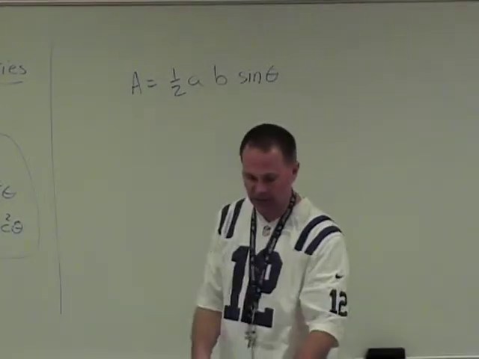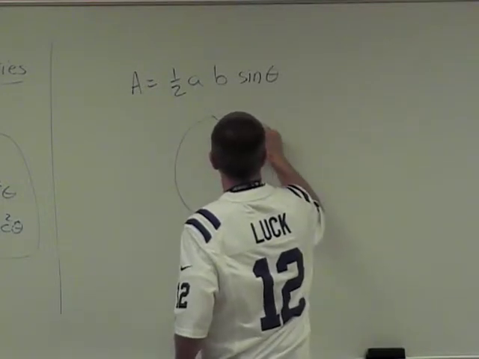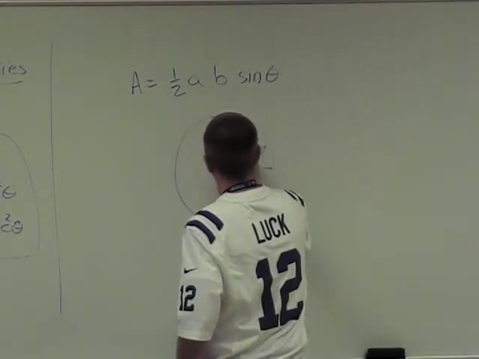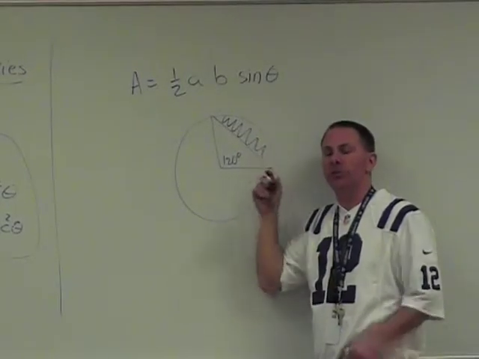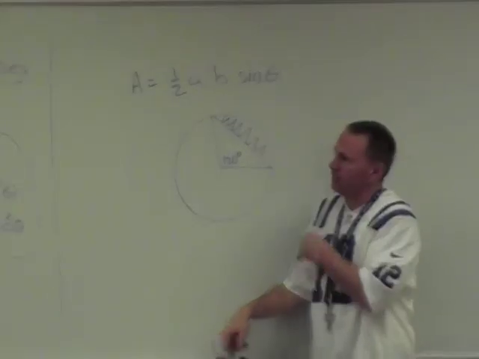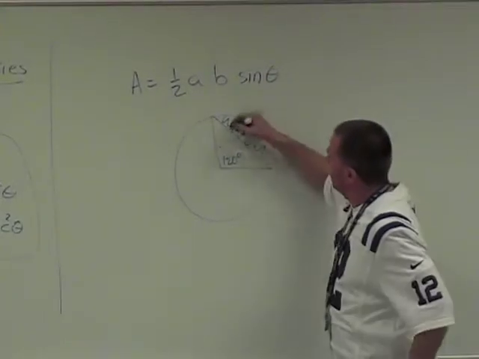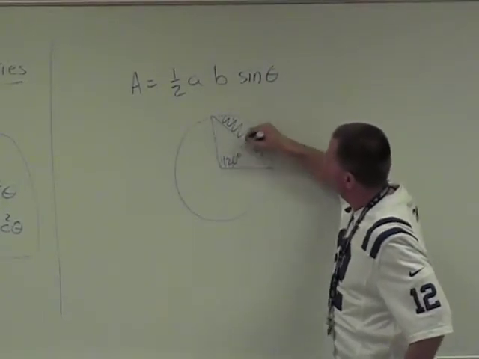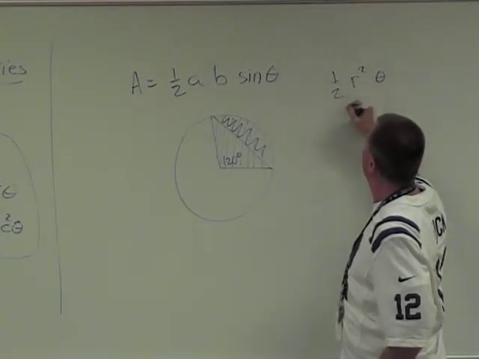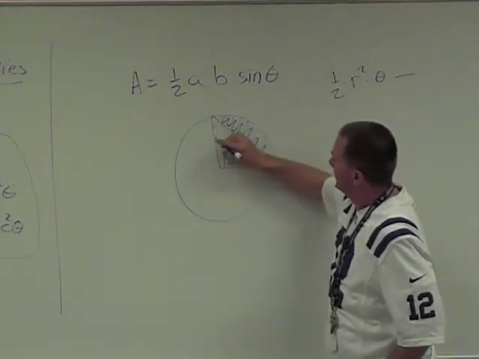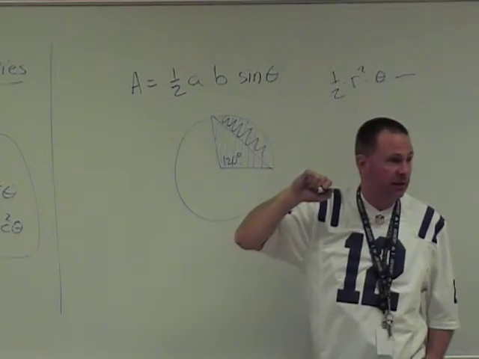Having said that, number 59, the area of the shaded region. So this is 120 degrees. I want the area of that region. And here you have to use the sector formula and the area of a triangle formula. If I found the area of the whole sector, 1/2 r squared times theta, and subtracted the triangle, I would then have the shaded region, wouldn't I?